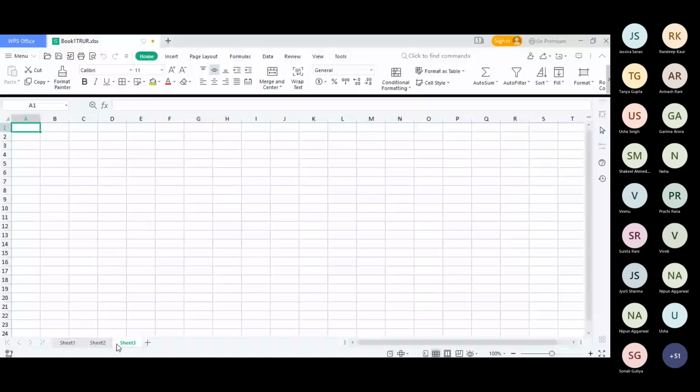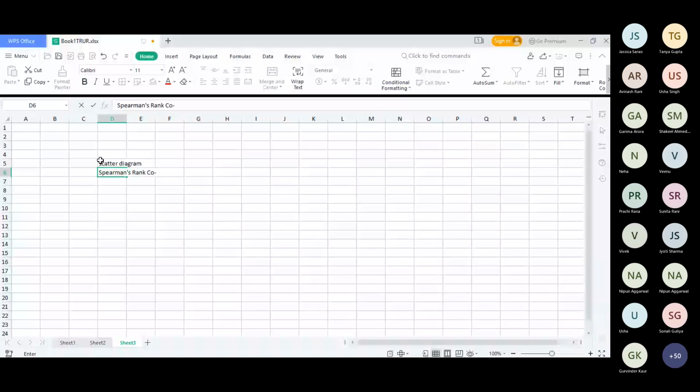Fine. So correlation can be measured in three ways. The first is the scatter diagram, the method to measure the association between the two variables. The next is Spearman's rank correlation.